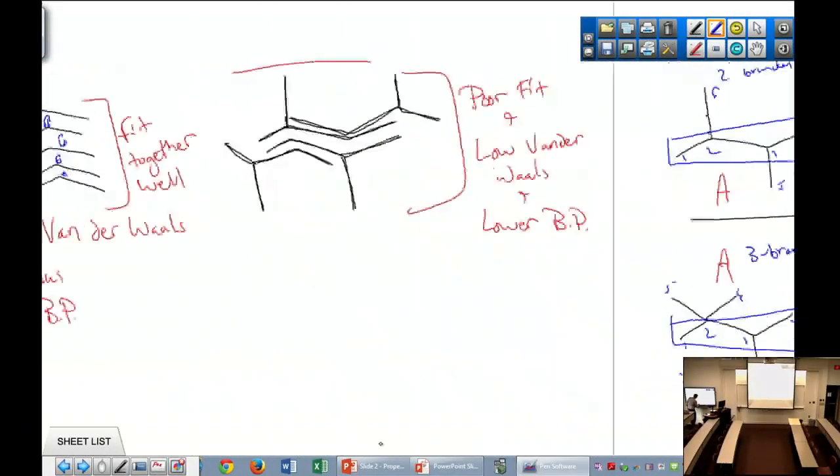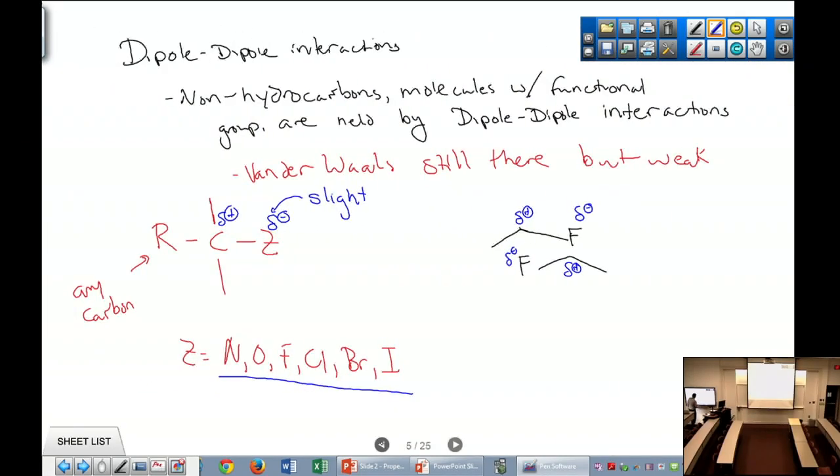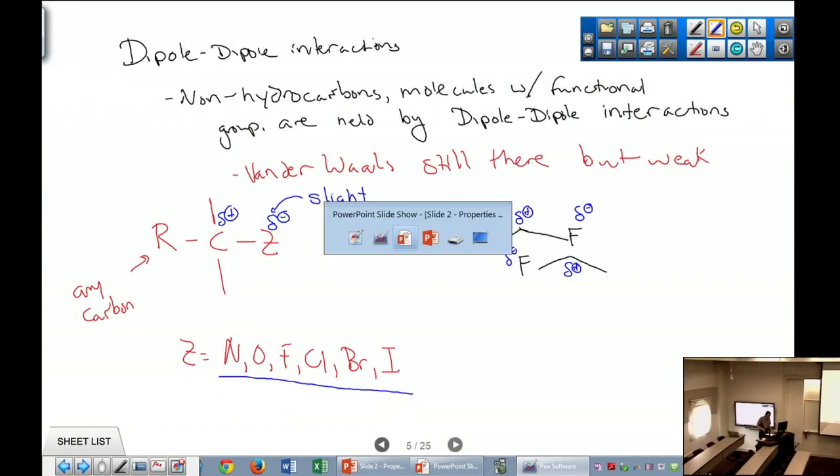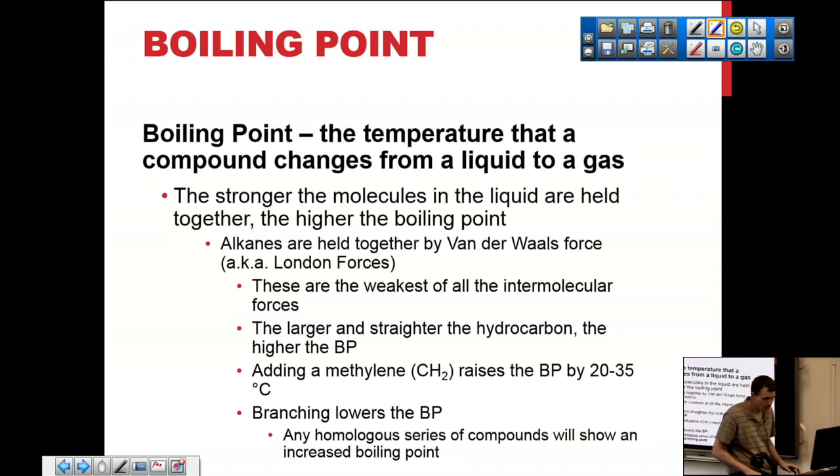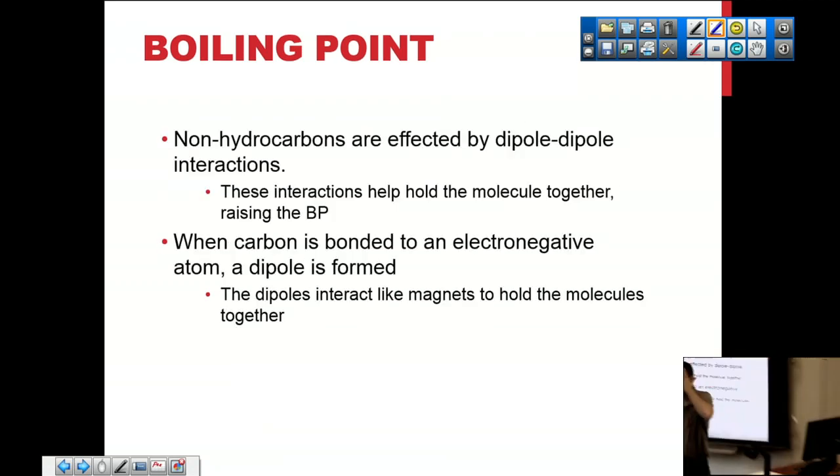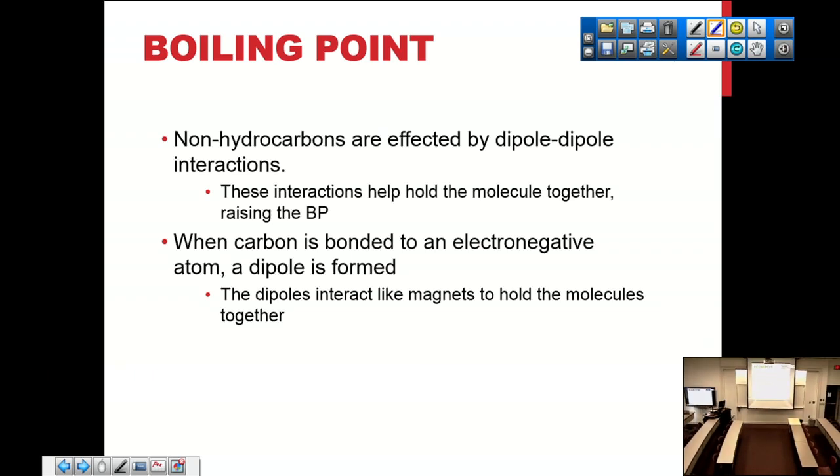So, we're going to talk about dipole-dipole interactions. So, when you put non-carbon groups in your molecule, dipole-dipole interactions become the driving force that determines your boiling point.